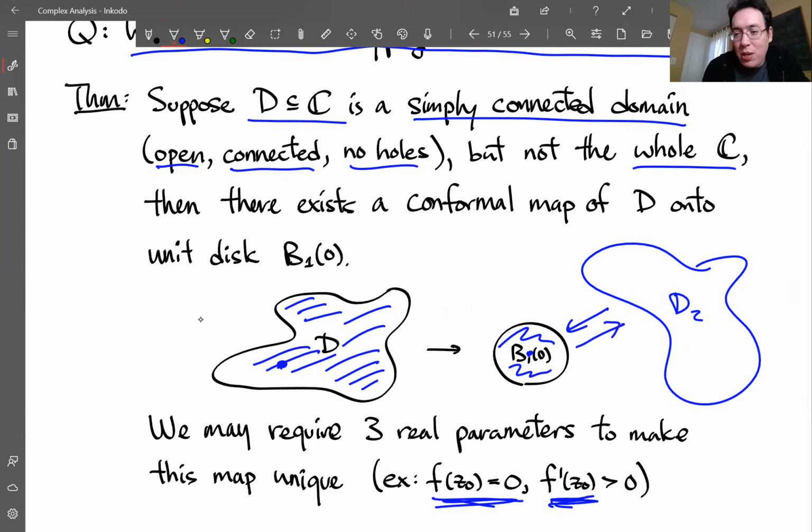Because it's a one-to-one correspondence, we have an inverse. And if you compose those two maps, the first map and the inverse of the second map, you can map from any simply connected domain to any other simply connected domain. So this theorem is actually super flexible. You can get lots of different conformal maps this way.